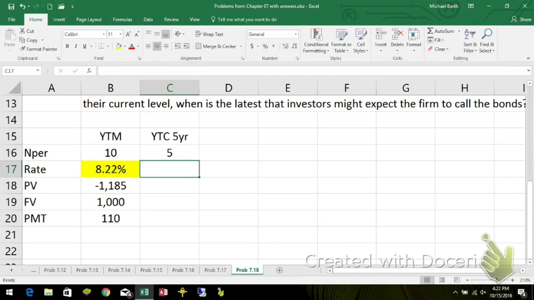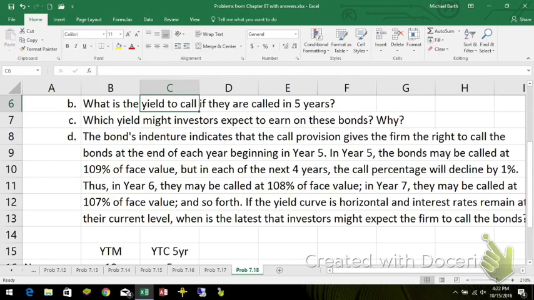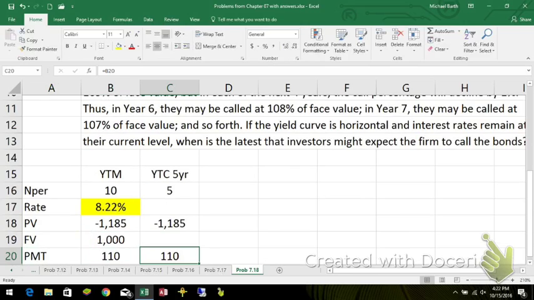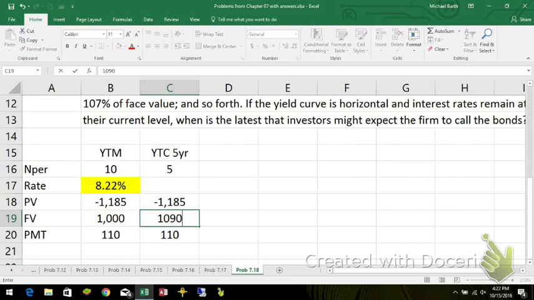Okay, so if we call it in 5 years, the price of the bond is still $1185, and it's still paying $110 every year. However, if they call them in 5 years, it'll be at 109%, so that'll be $1,090. And if we calculate the yield to call, that would be 7.91%.